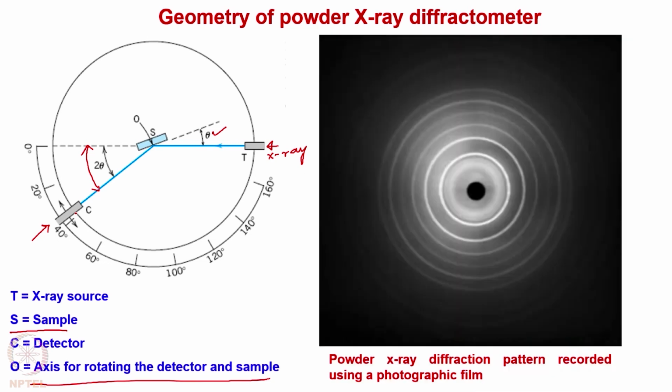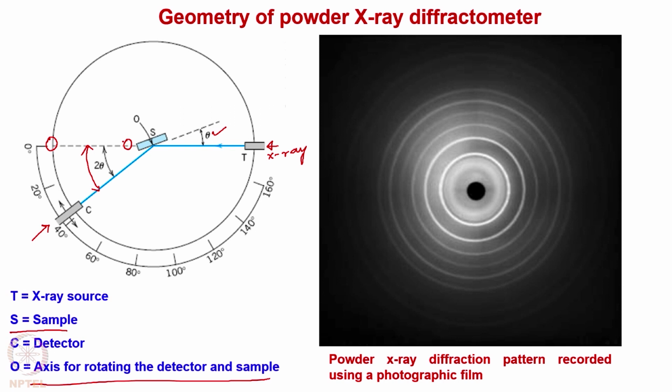Here I would like to show you a very old powder X-ray diffraction pattern recorded on a photographic film. What we see here is, at the center, the dark spot indicates that there is a beam stop somewhere here, which stops the beam from falling on the X-ray plate. The beam stop can be here, or it can be placed very close to the sample as well, depending on the geometry of the diffractometer.